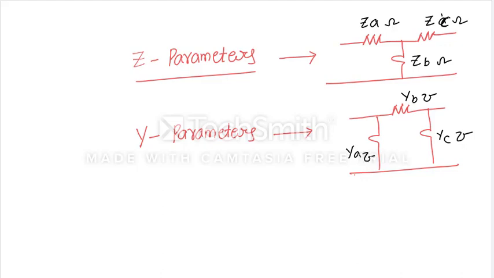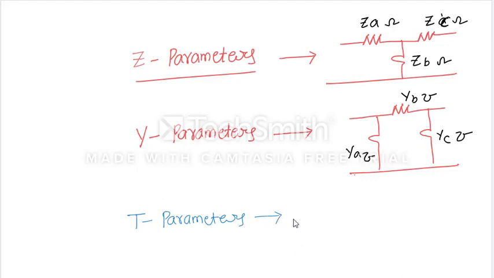Next, we have seen the standard network for T parameters also. We have seen two networks.